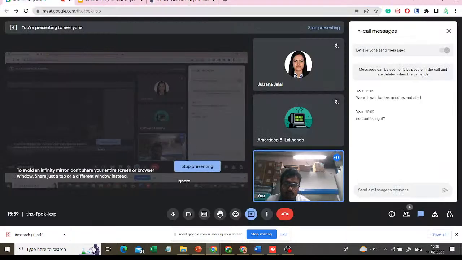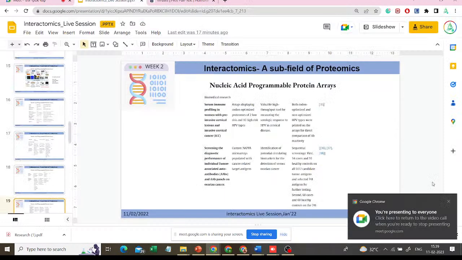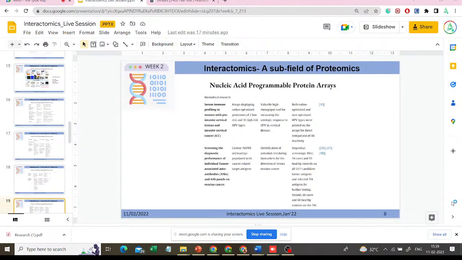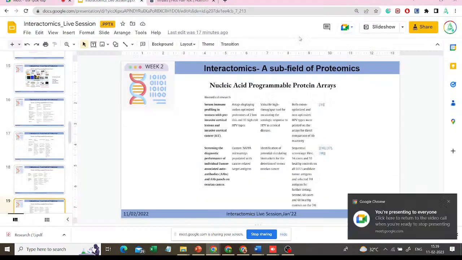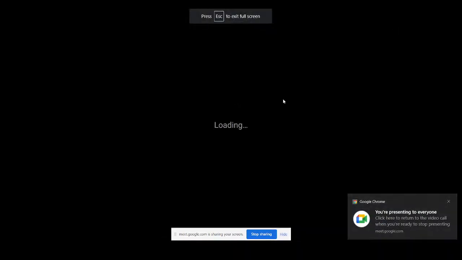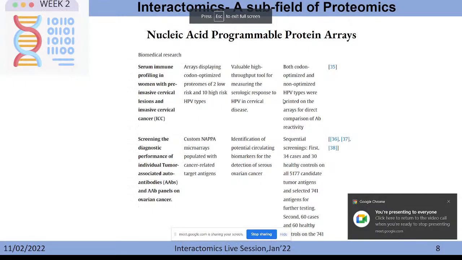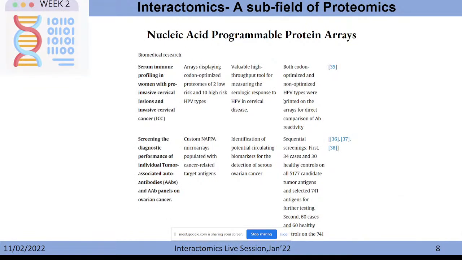So it is quite important, and you can go through this to understand more. So these are proteins or peptides printed on the array, and with the cell-free expression system you can easily identify those.